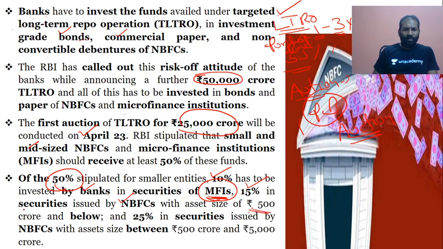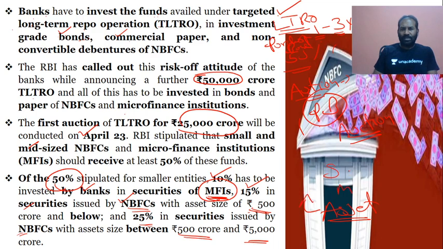First, 15% will be invested here, and then again, issued by NBFCs, the 25% will be invested in those between 500 crores and 5000 crores. So here it is very clear that they are identifying the asset value, and based on the asset value of the company, it is termed as small and mid-sized.